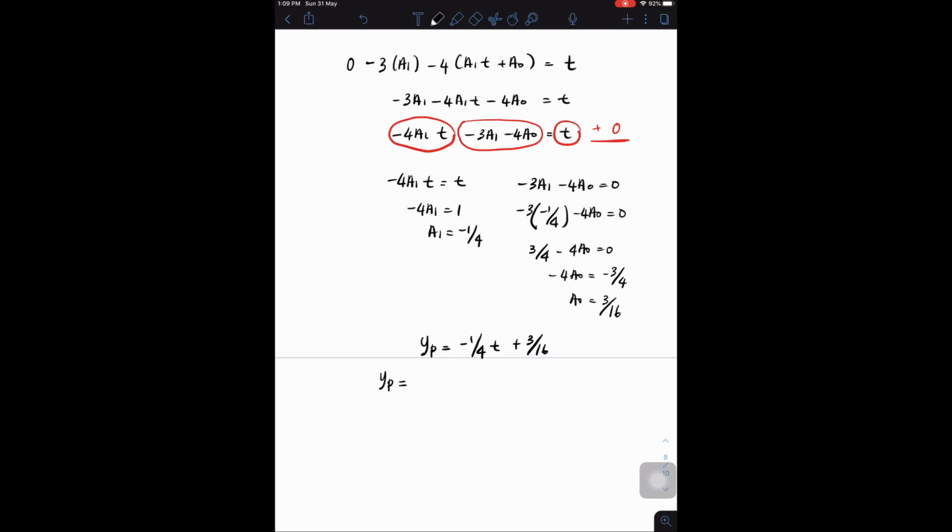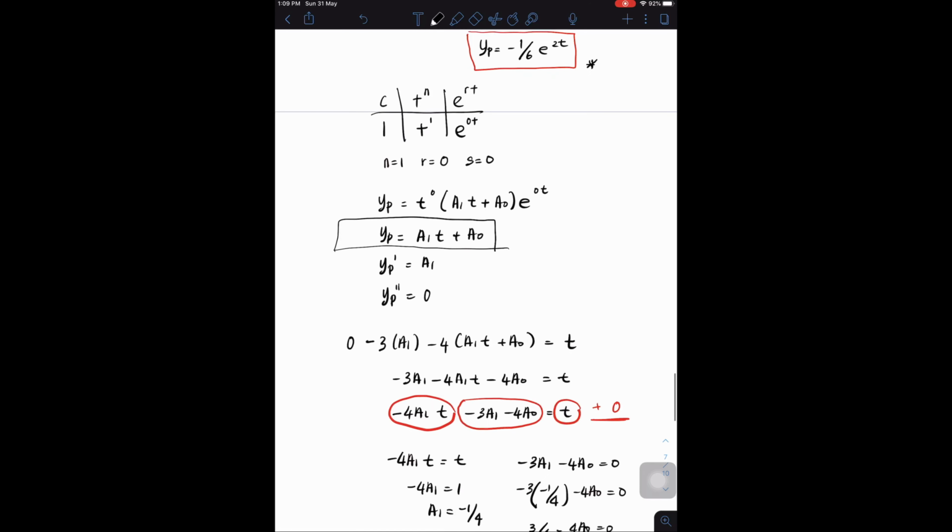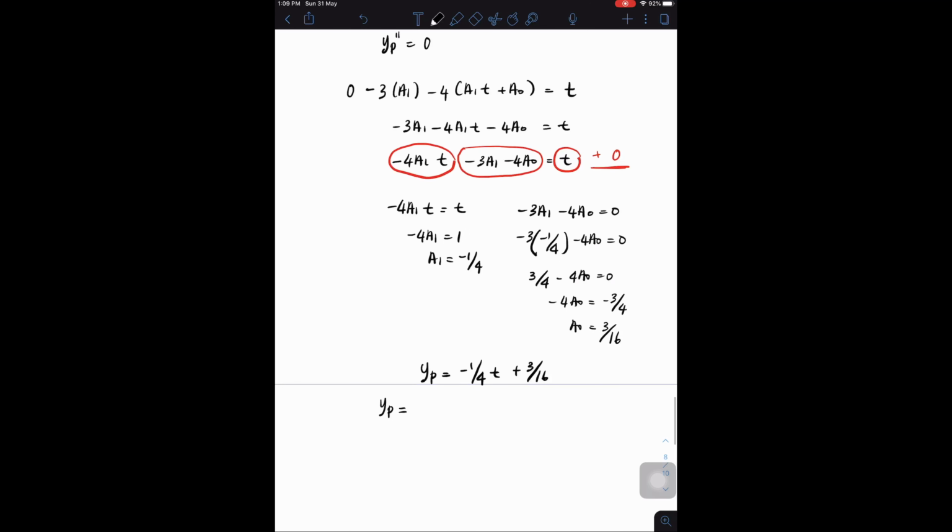We add up the first yp, negative 1 over 6 e to the 2t, plus our second yp here. So this is our yp.